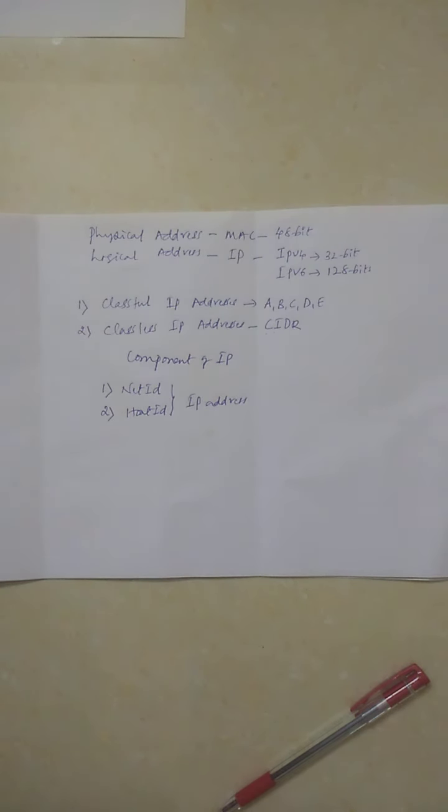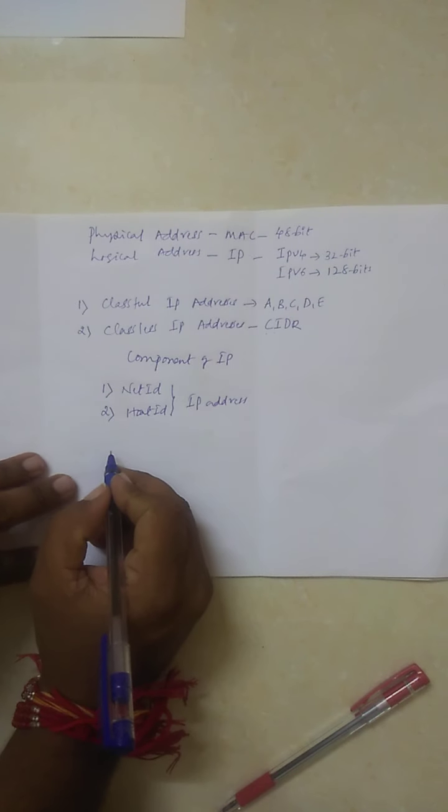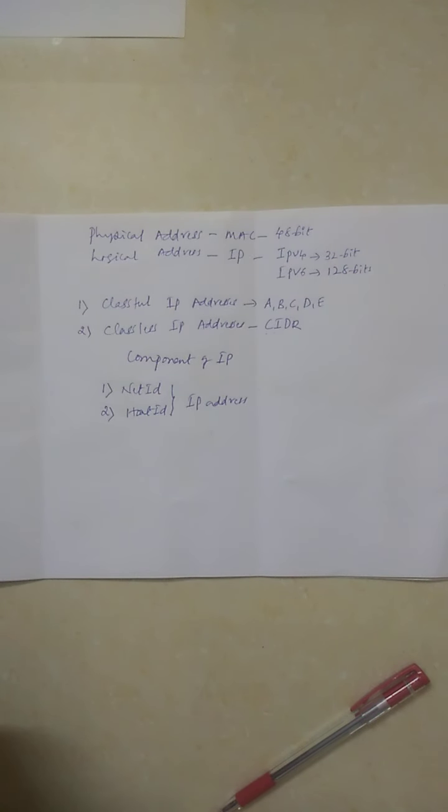Net ID uniquely identifies the network, and host ID identifies the host within that particular net ID. So normally the IP address is of 32 bits. We are talking about the IPv4 version of IP addresses.